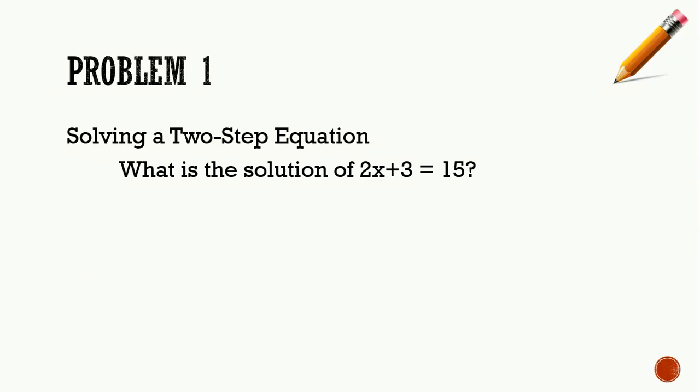Here's the first problem. I need to solve 2x plus 3 equals 15. Just like I said, I'm going to identify what's going on here. I have multiplication and I have addition, so I'm going to use PEMDAS backwards and undo the addition first. I'm going to subtract 3 from both sides.